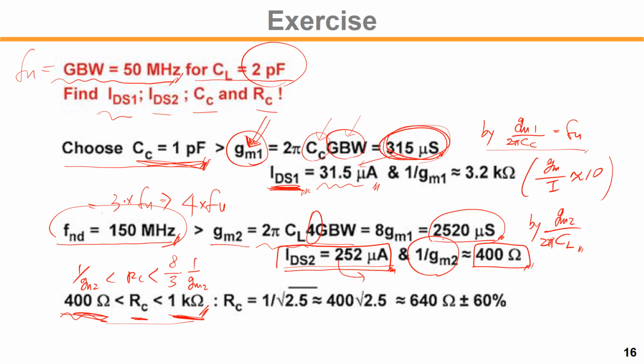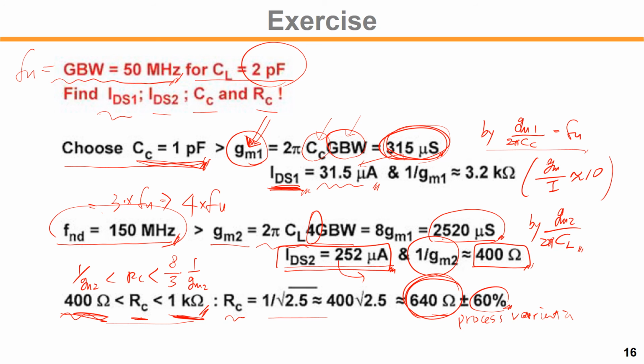So we choose RC slightly greater than 400, that is 640 ohm. We will consider process variation, so that for a variation of 60%, our circuit still works fine.